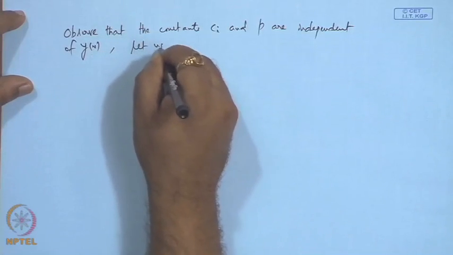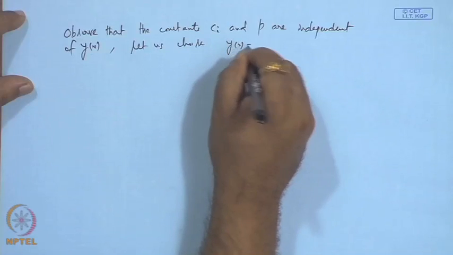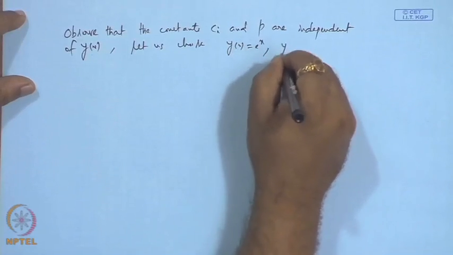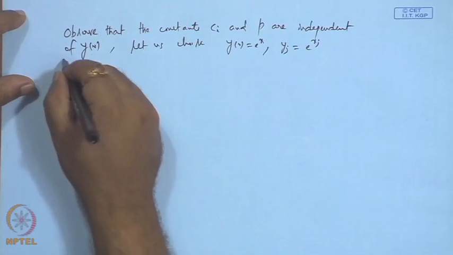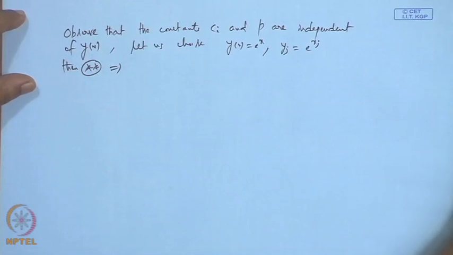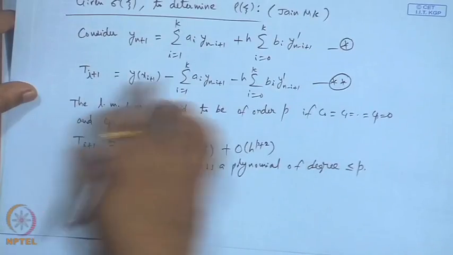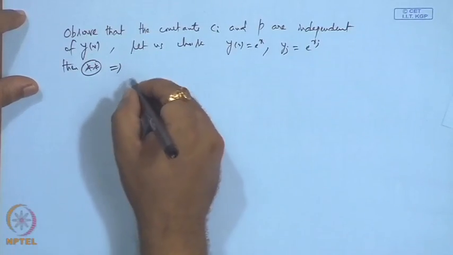So, let us choose y of x equal to this, then double star. What was our double star? This.